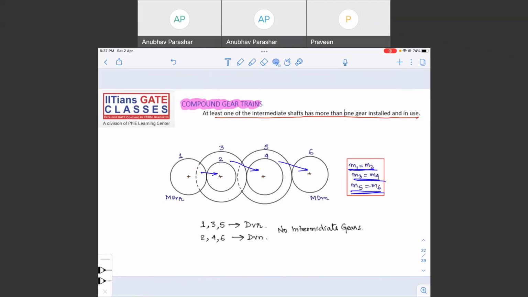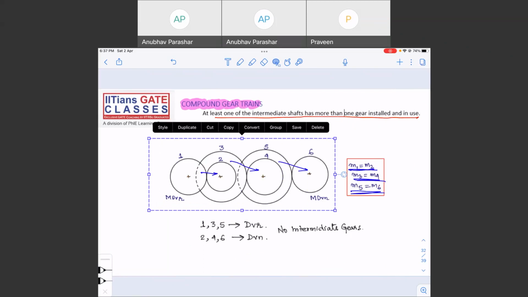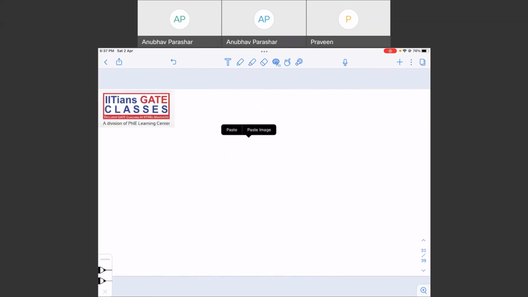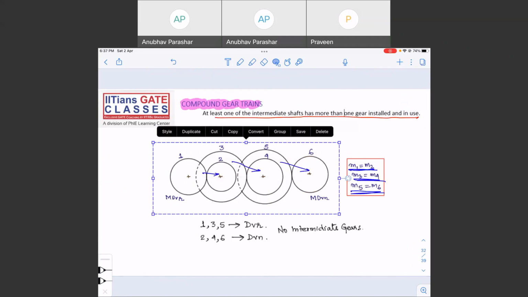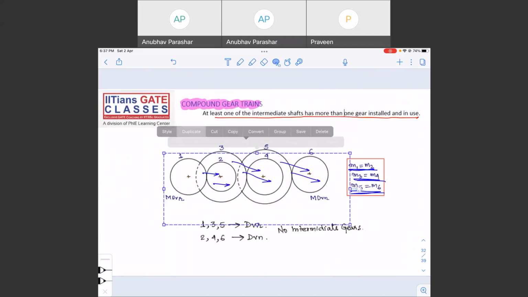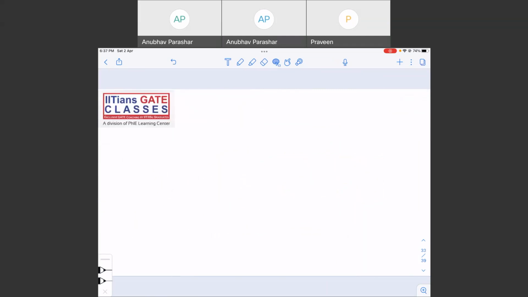Okay, let's see if something is possible. Let me copy. Let me try to paste it. It's not coming, I don't know why. It's not coming because it is in PDF format. That's why.